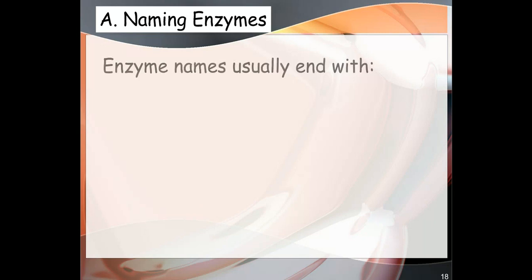Now enzymes, like your carbohydrates, remember carbohydrates, you had glucose, sucrose, lactose. They had a nice ending to them, OSE, so you could look at the word and say that's a carbohydrate. Enzymes are also kind of nice that way. They have endings with them. The enzymes are usually going to end with the suffix ase, A-S-E.